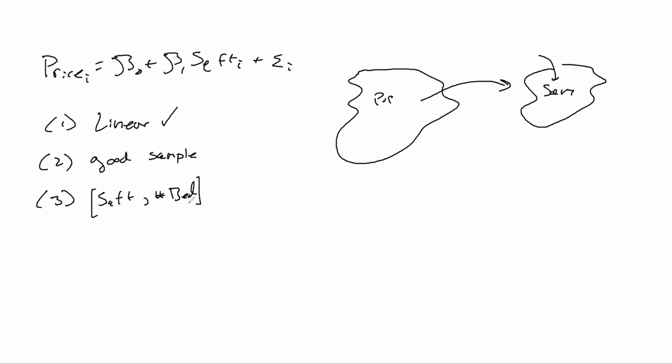If these two are correlated, which they are, then that would be a bad model. You shouldn't include them both. This is talking about collinearity between the different independent variables.